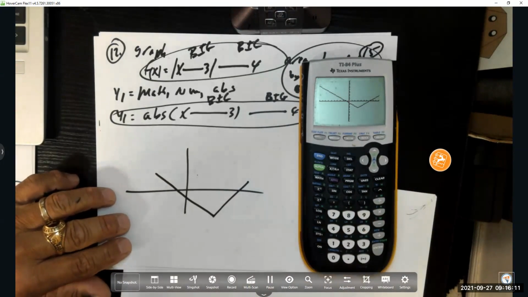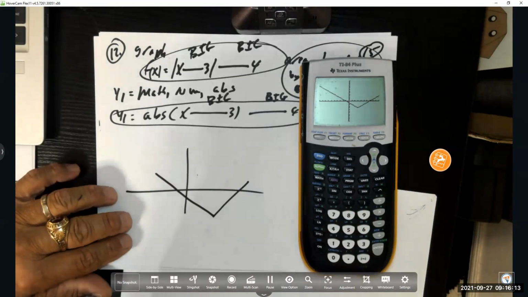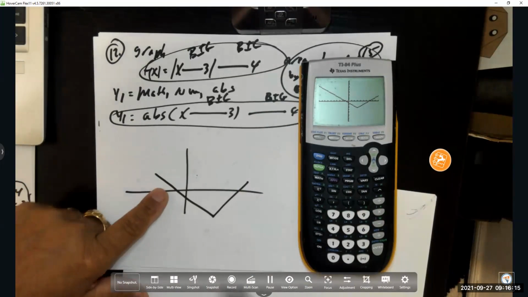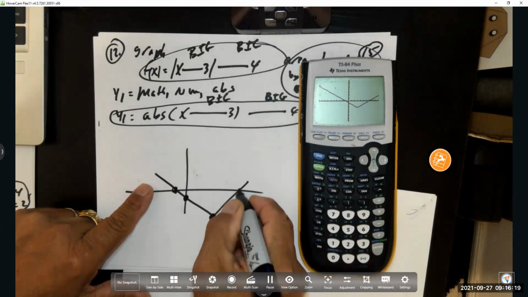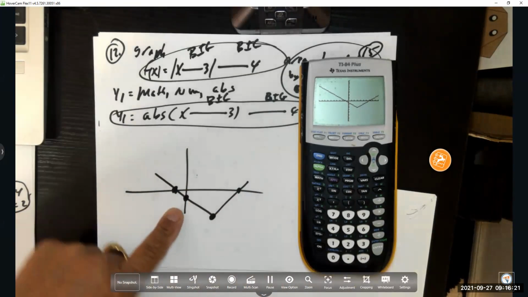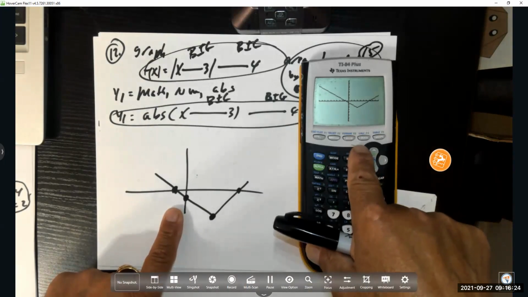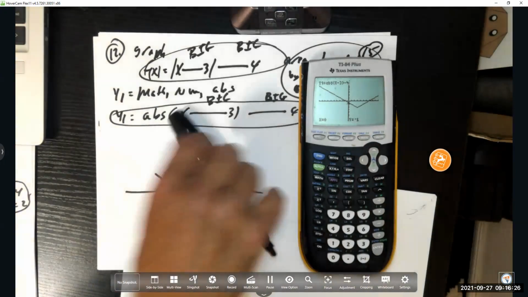All right. So now what I'm gonna do is a trace to find these little dots. Give me this dot, give me that dot, all these points. I'm gonna find them. Ready? So I'm gonna do trace. Hang on a sec.